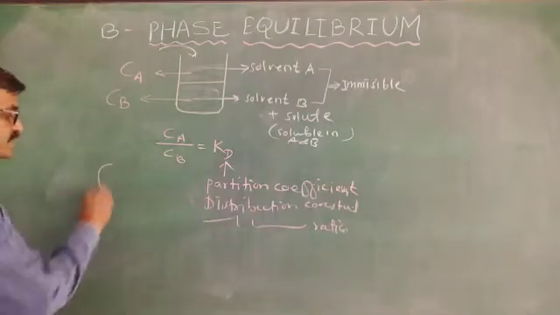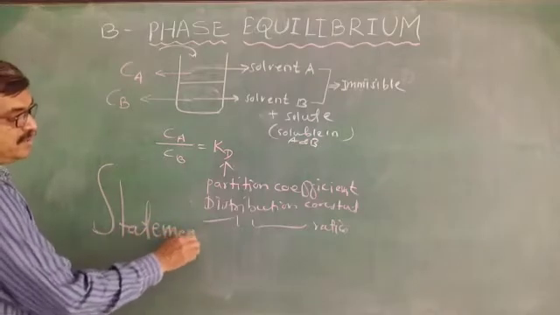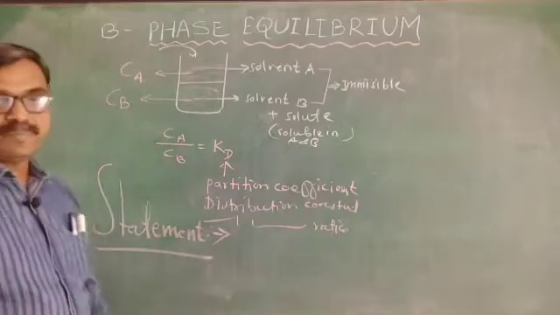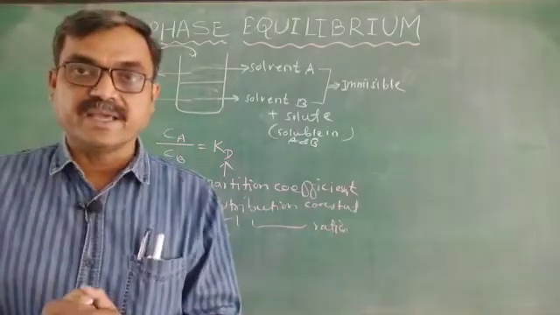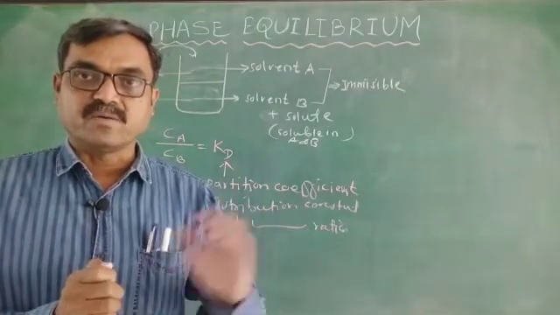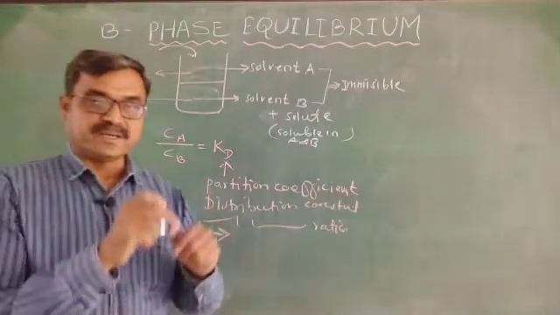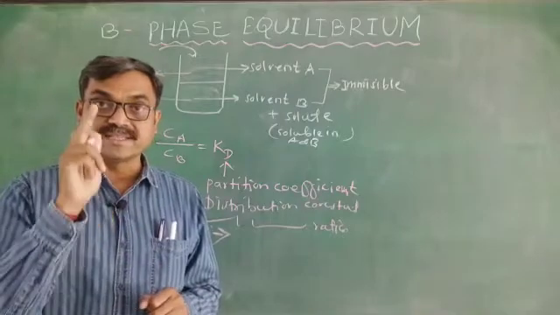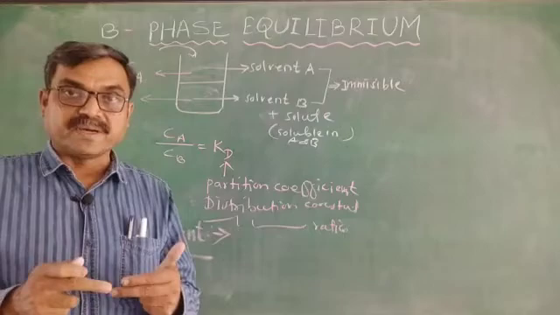That's why, what is the statement of Nernst law? Very important. Mathematically, two different solvents are taken, but they are immiscible. They cannot mix into each other, just like water and oil. Some quantity of another substance, that is solute, is added, but the solute is chosen in such a way that it is soluble in both solvents.